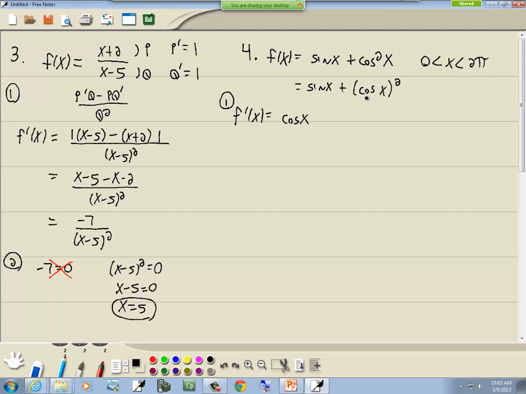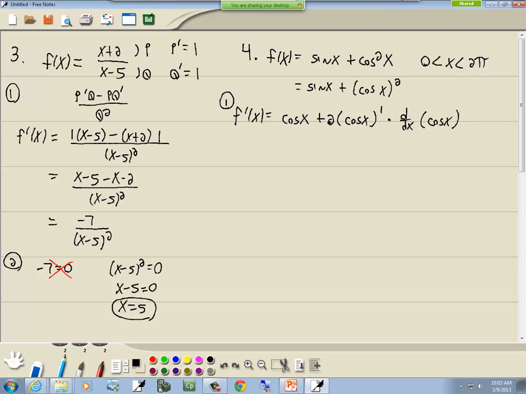Now here we have a parentheses to a power. This is the chain rule, the general power rule specifically. If you got parentheses to a power, you take your power, put it out in front. What's inside the parentheses remains as is. Lower your power by 1. And then you multiply it times the derivative of what's inside the parentheses.